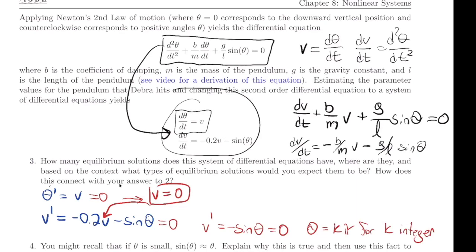So we actually get a whole infinite slew of equilibrium, which relates to the fact that you could push it really hard and it can rotate many times over. Okay, so this means that our equilibrium are going to be anything of the form k pi, 0.